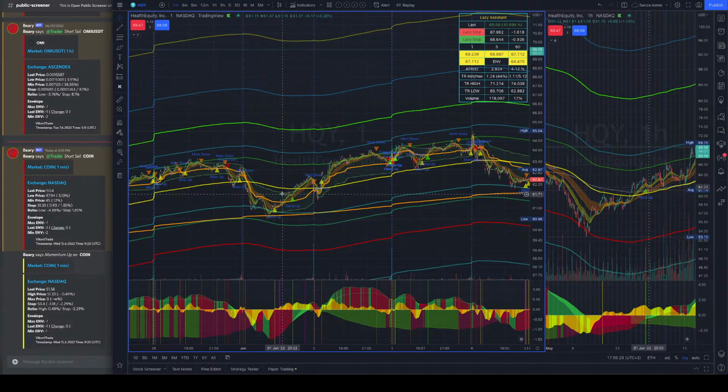We know that the trend reversed, started going up. We're above the hourly momentum, above the daily envelope. So no reason not to go long.